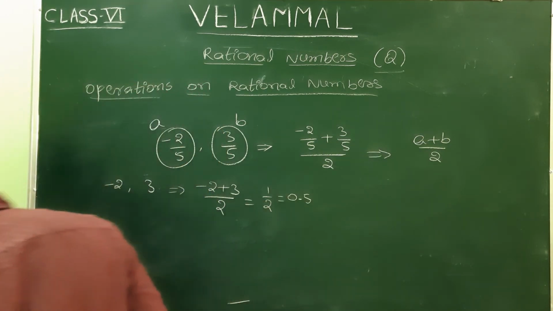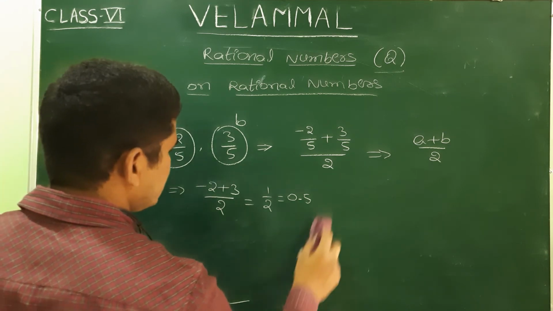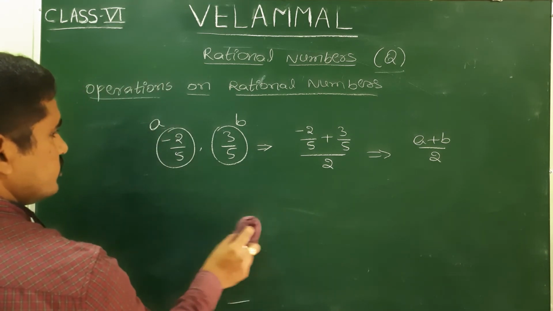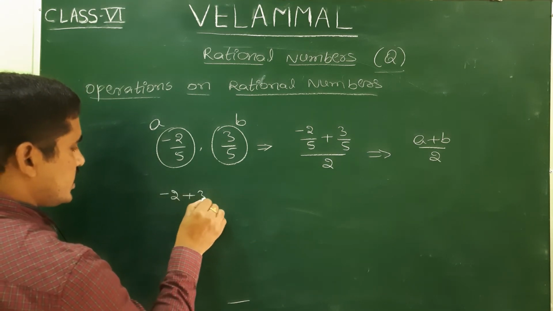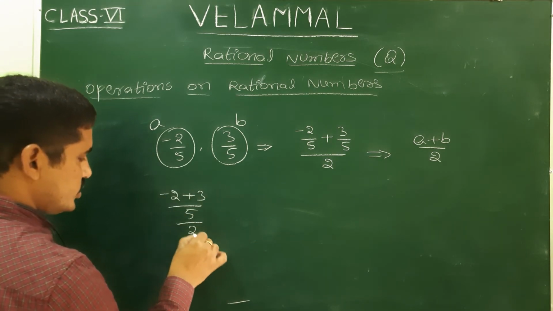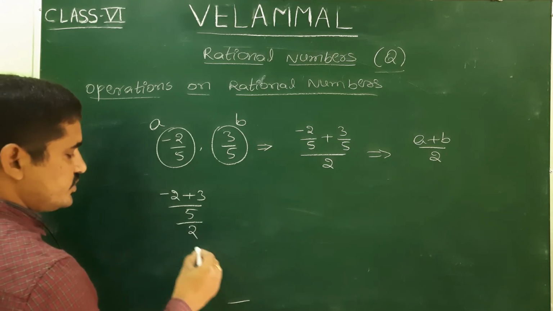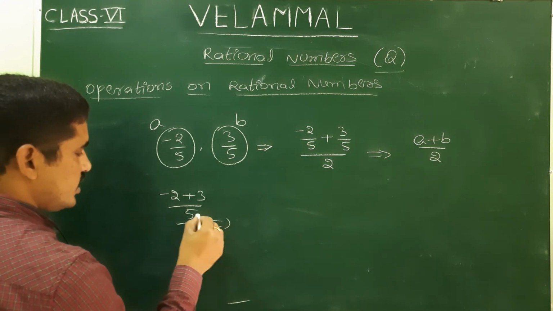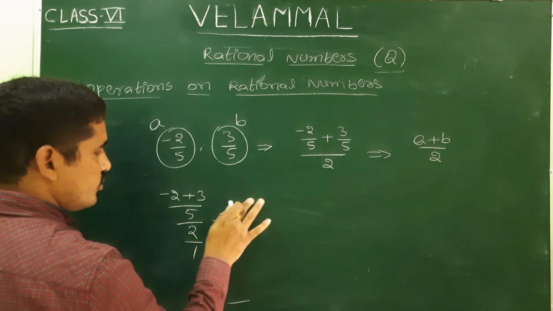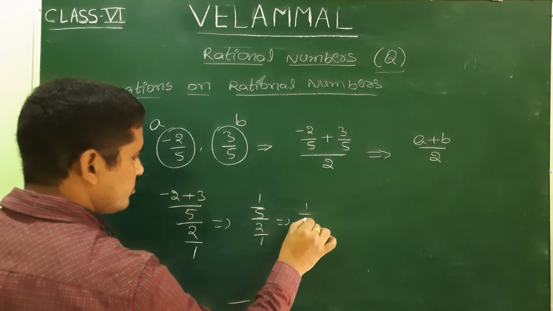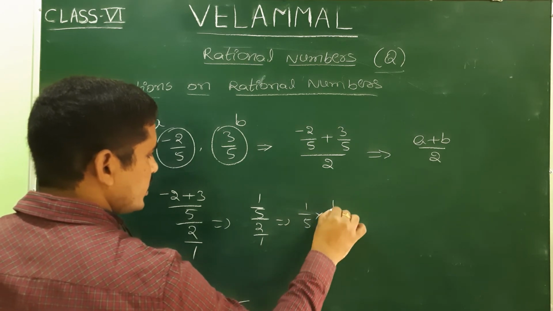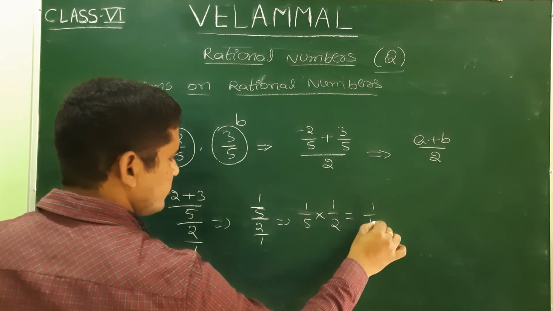How can we simplify this? We can simplify this as minus 2 plus 3 divided by 5, divided by 2, and as I said, division of the fractions by 1. So minus 2 plus 3 is 1, so 1 by 5 divided by 2 by 1, that is equal to 1 by 5 into 1 by 2, that is equal to 1 by 10.